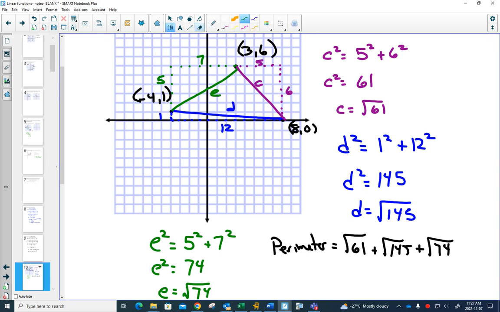So that would be what we've done right there. That would be the exact value. And I checked, each of those square roots doesn't simplify.